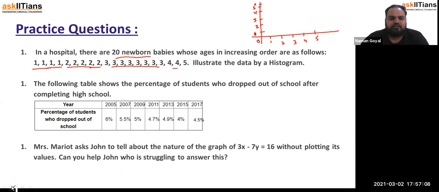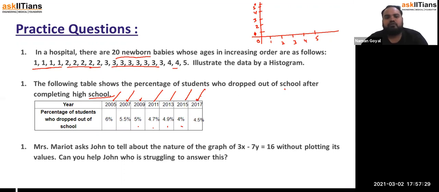Now next is what? The following table shows the percentage of students who dropped out of school after completing high school. In 2005, 6%; 2007, 5.5%; 2009, 5%; 2011, 4.5%; 2013, 4.9%; 2015, 4%; and 2017, 4.5%.